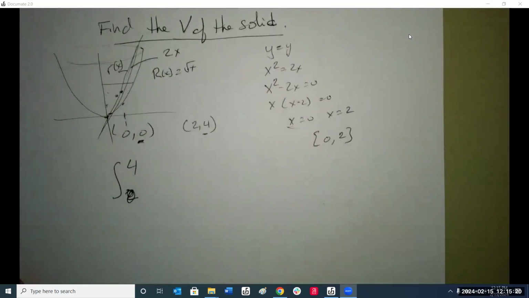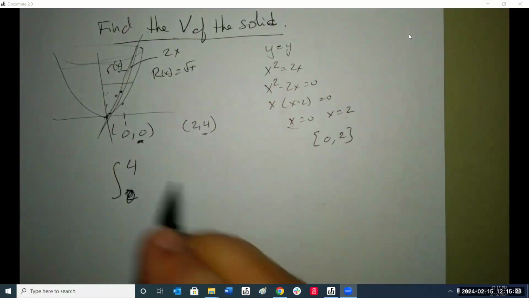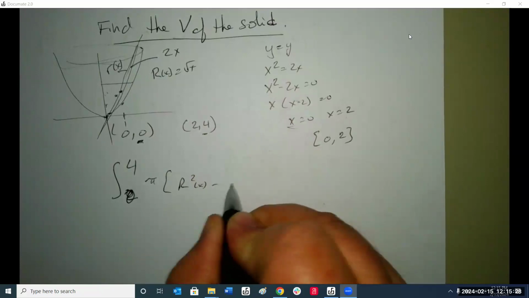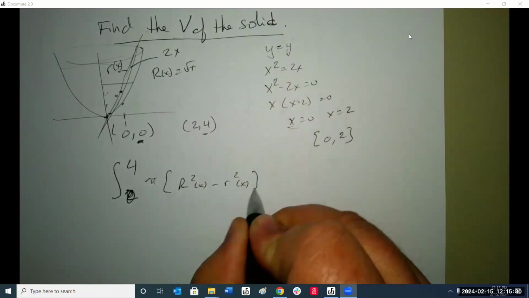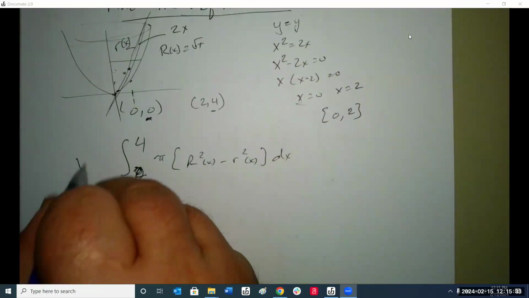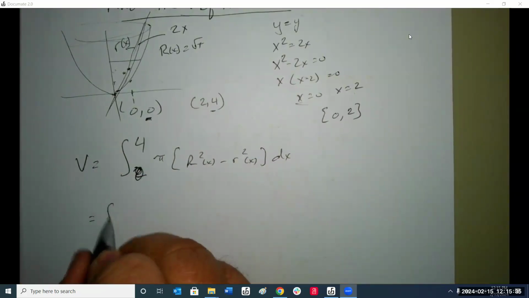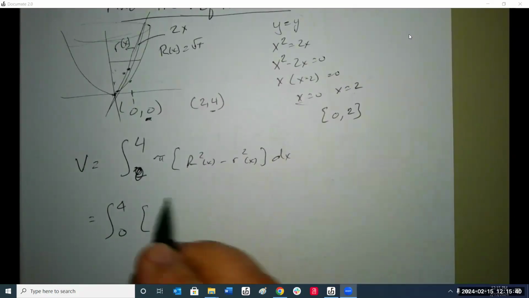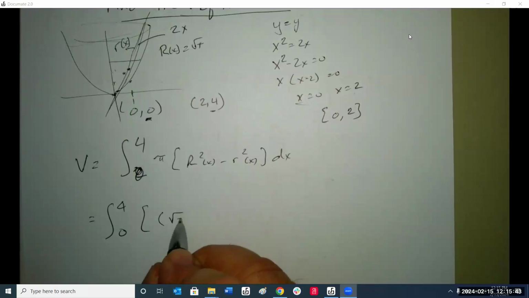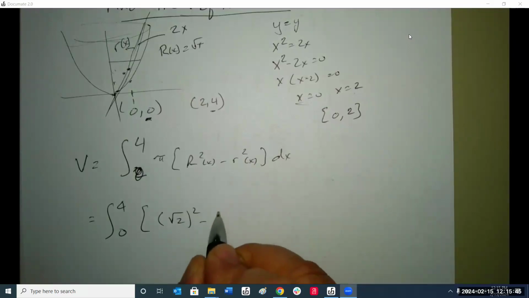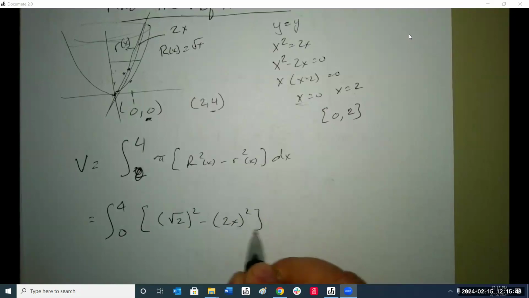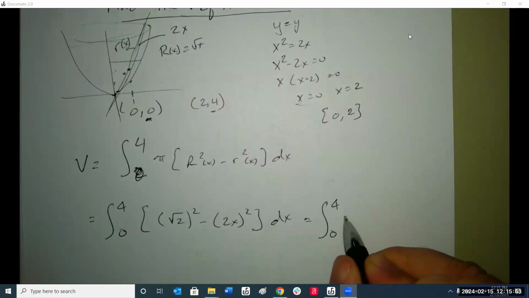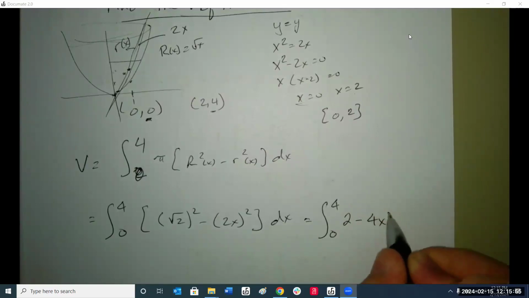Okay. So our equation is going to be pi times big R squared minus little r squared. This is my V. So it's from 0 to 4. So it's going to be square root of x squared minus 2x squared, which will be x minus 4x squared.